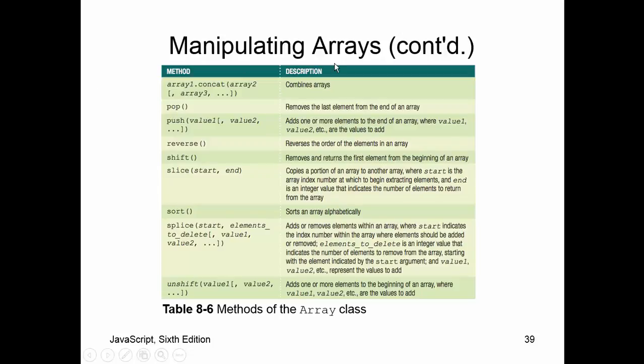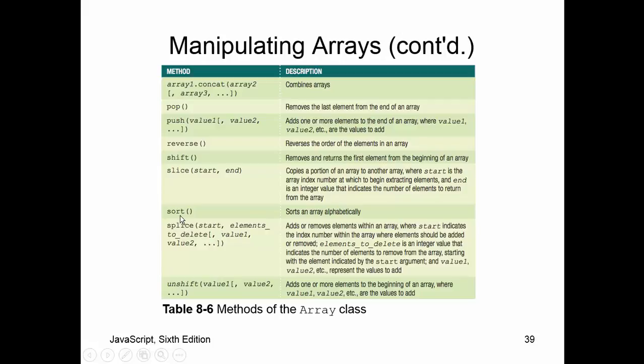You can use push, which adds one or more elements to the end of an array. You can use shift, which is sort of like pop, but whereas pop removes the last, shift removes the first. And you can use unshift, which is kind of the opposite of push. Where push adds new values to the end, unshift adds new values to the beginning.